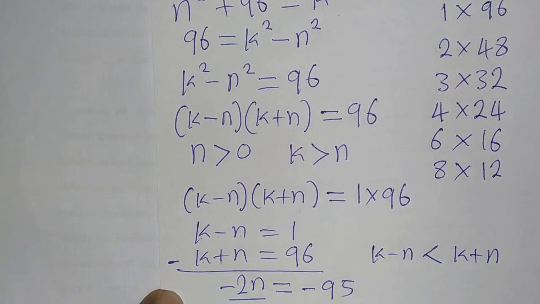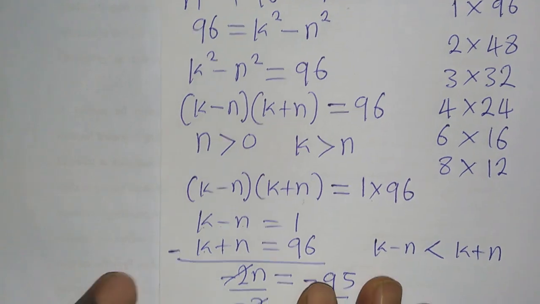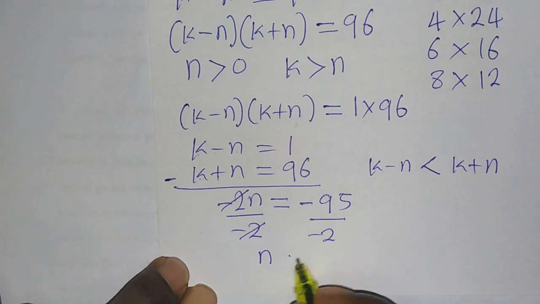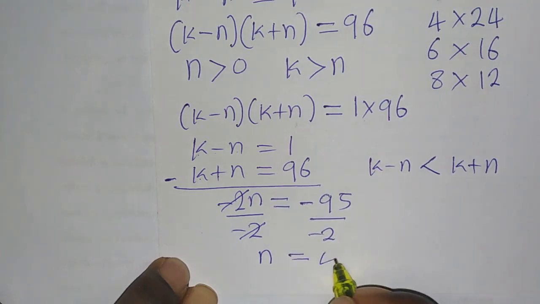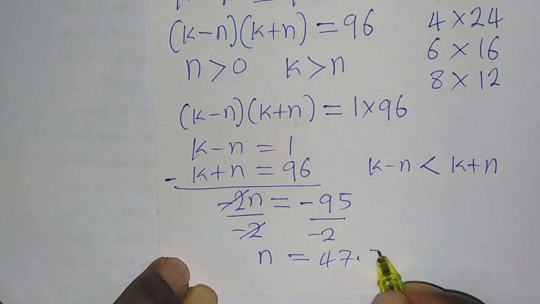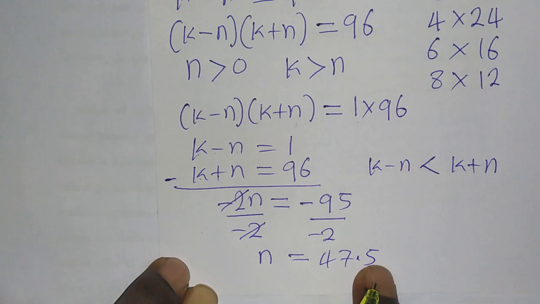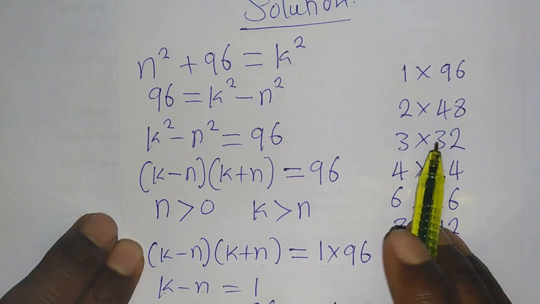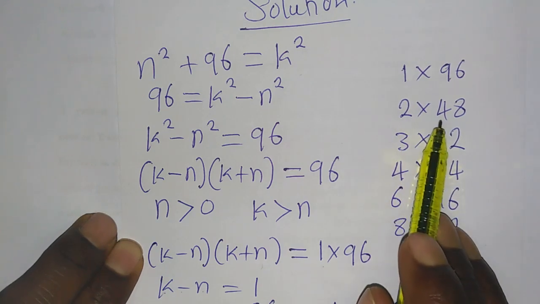Therefore, our value of n is equal to 47.5. And this is not what we are looking for, because from the question, our value of n is a positive integer. Then we move to the next factor, which is 2 multiplied by 48.